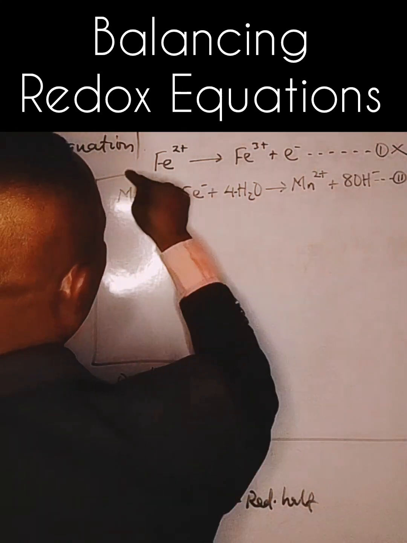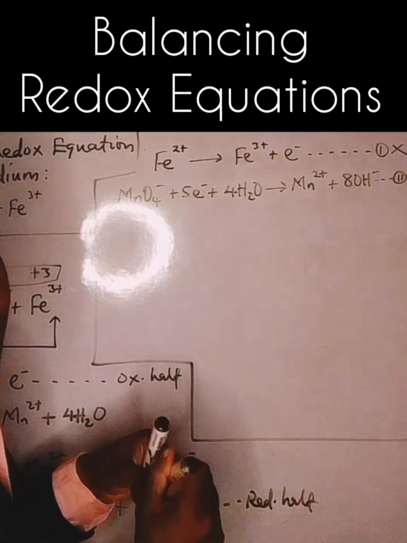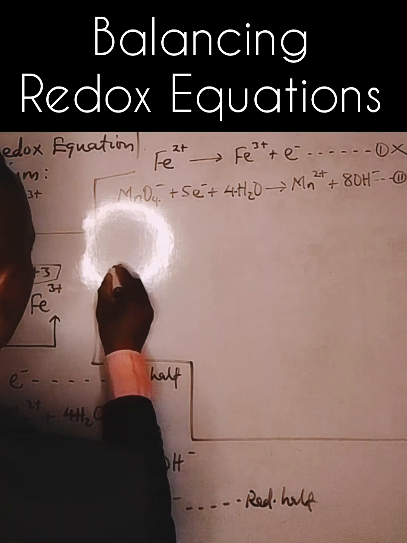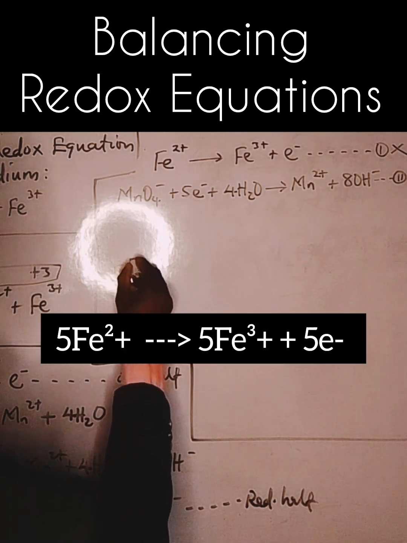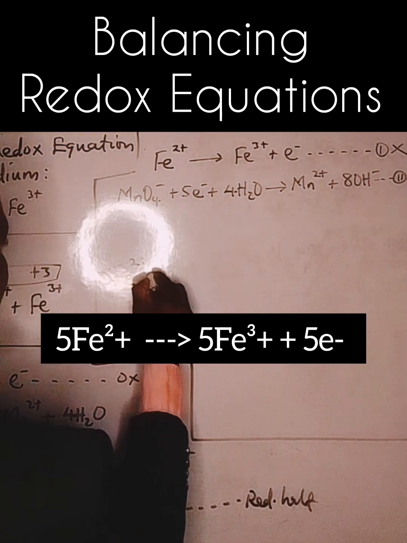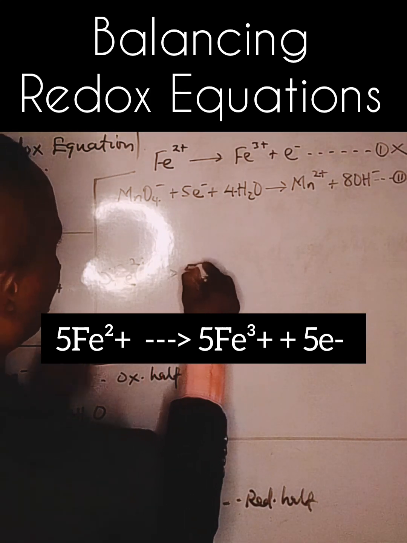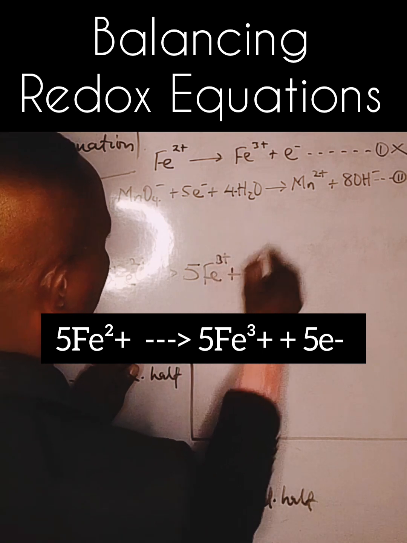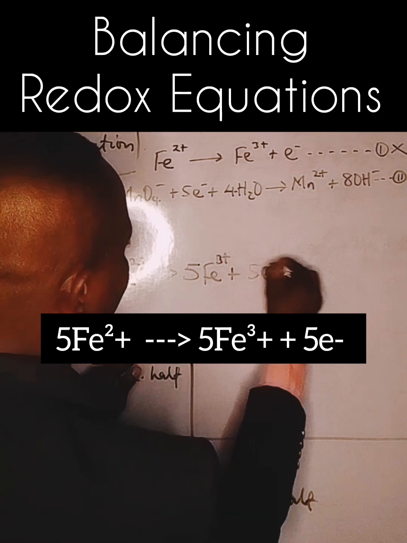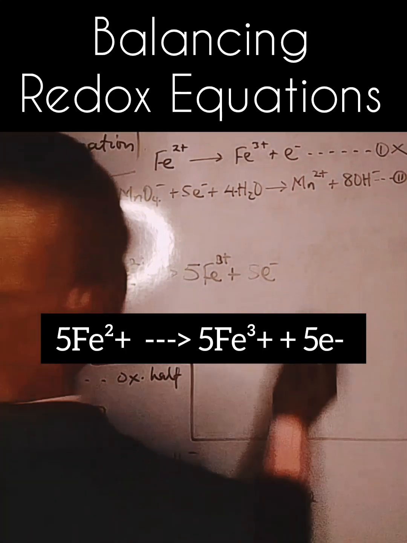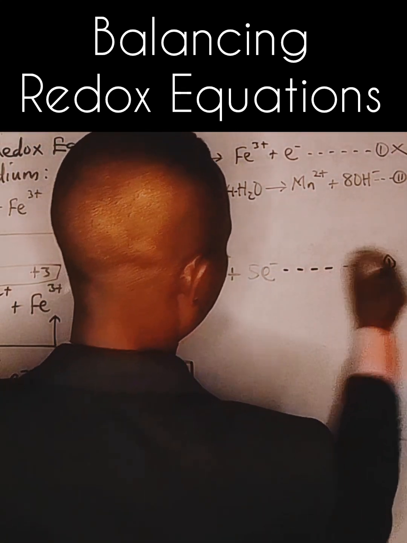So this 5 will multiply everything here, and we are going to finally have this times 5 to afford this times 5, plus this times 5. This is that same equation 1.